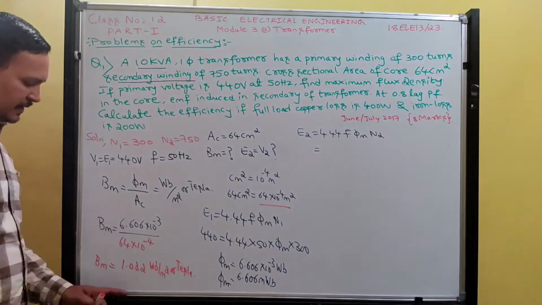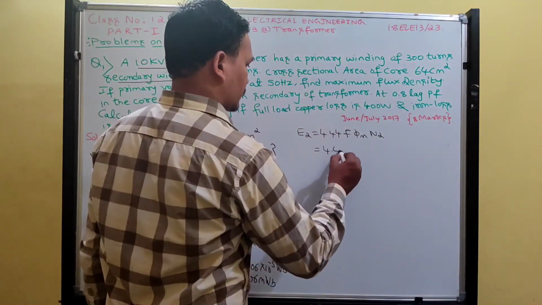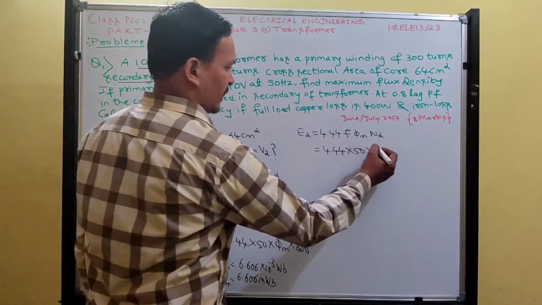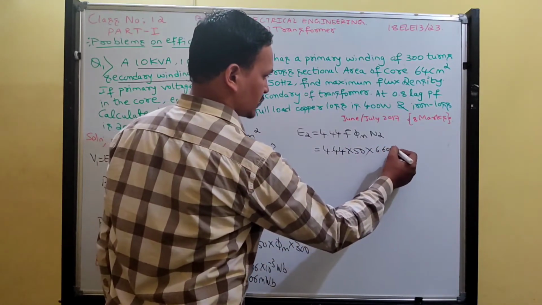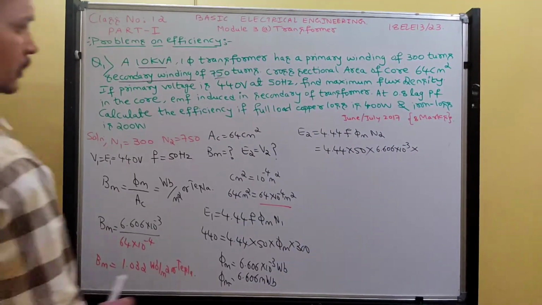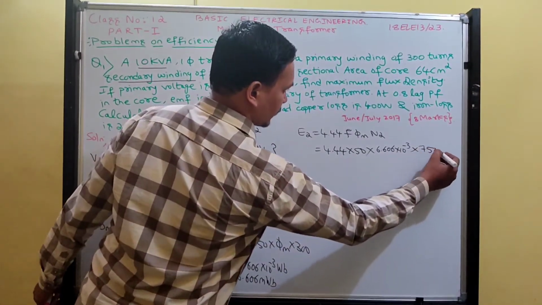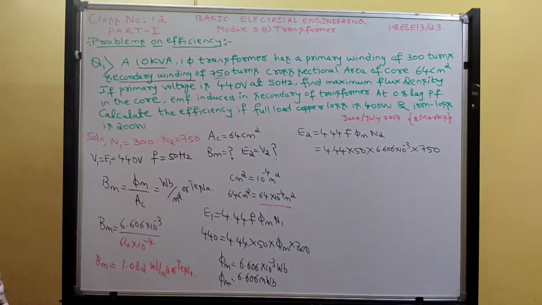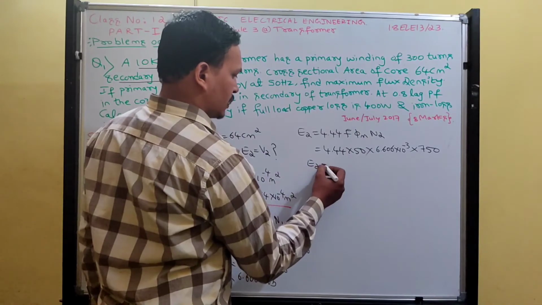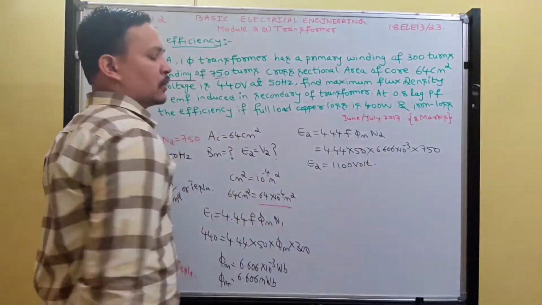Now substitute the phi m value in that equation and you will get E2. 4.44 into frequency 50, into maximum flux 6.606 into 10 power minus 3, into the number of secondary turns, 750. By solving this, you will get approximately 1100 volt.